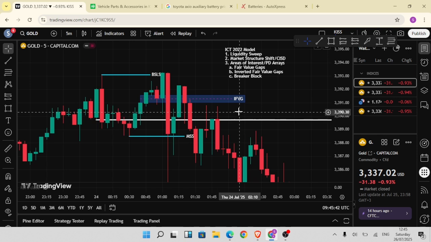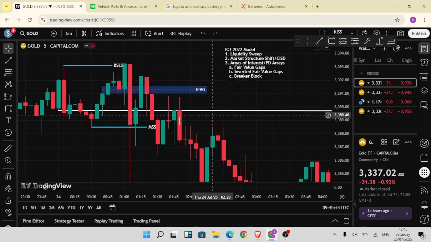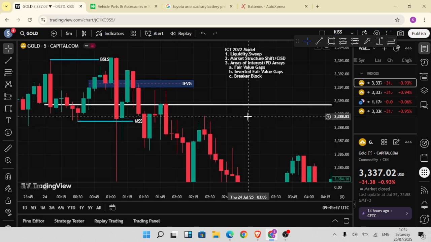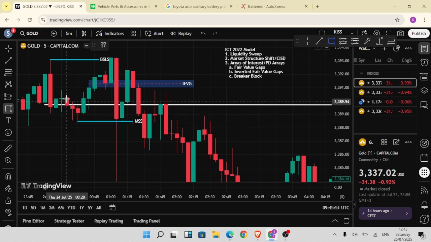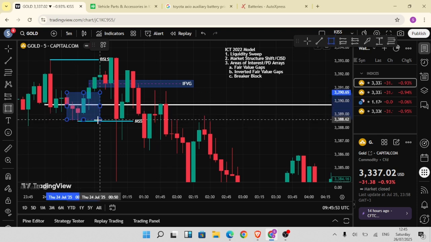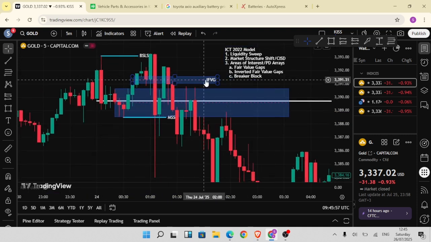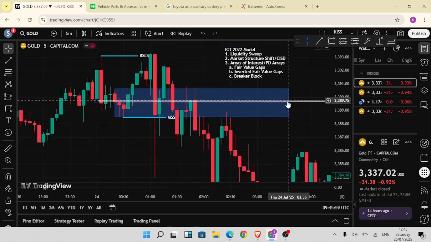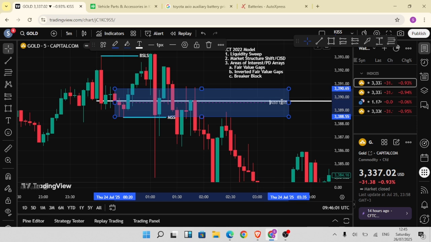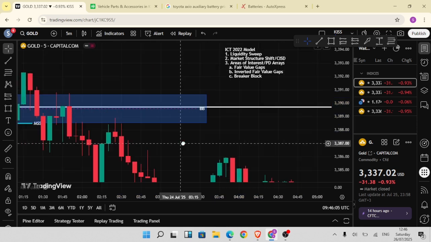So what we want to use in our scenario is a breaker block, this series of down close candles right there. Once we have that, this becomes our area of entry.